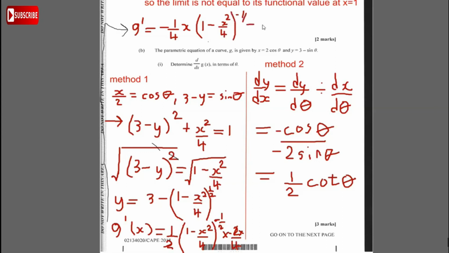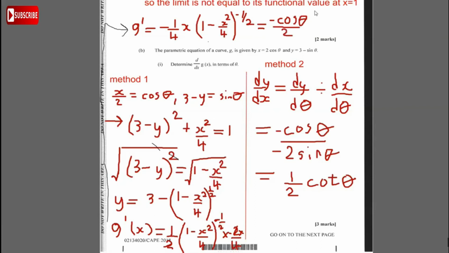But remember, x is what? 2 cos theta. So x is 2 cos theta. So 2 cos theta over 4 is going to be minus cos theta over 2. So you get minus cos theta over 2.